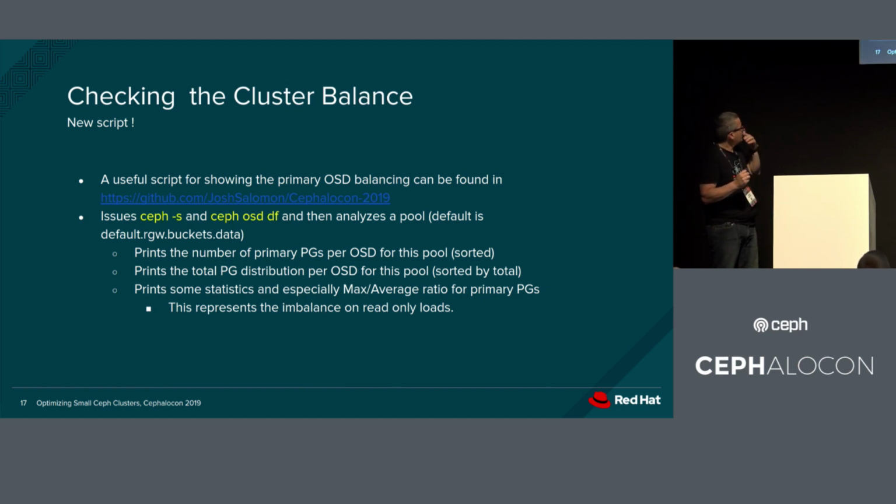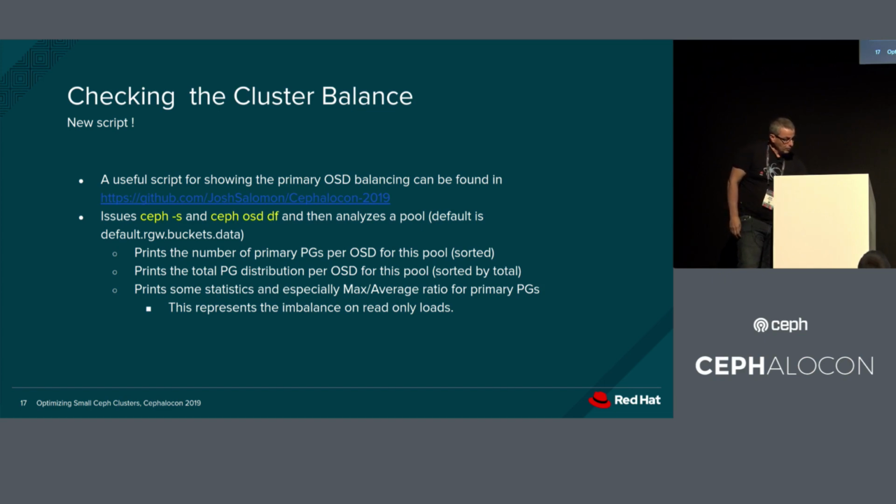And then it iterates over a lot of information about the OSDs and prints the number of primary PGs per OSD for this pool, then the total PGs and distribution, the primary plus the replicas, and bottom line statistics, one number that could give us enough information that we can evaluate what's going on.